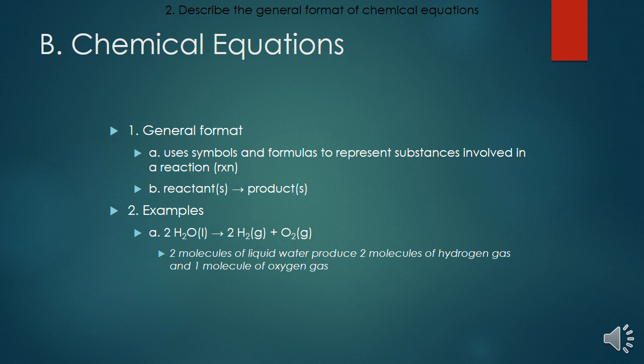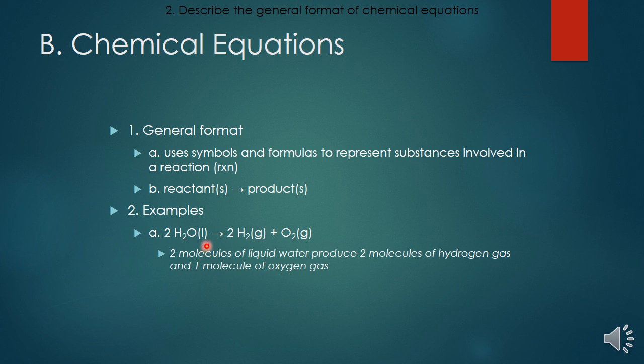From this sentence, you can probably see that the twos out front of the water and the hydrogen tell us how many molecules are involved, and the fact that there's no number in front of the oxygen tells us there's 1. We call these numbers out front of the symbols and formulas coefficients, which you are very familiar with from math. Same thing as in math, if there's no coefficient in front of a symbol, it is understood to be 1. So there is no coefficient in front of the O2, so that is understood to be 1 molecule of oxygen gas.